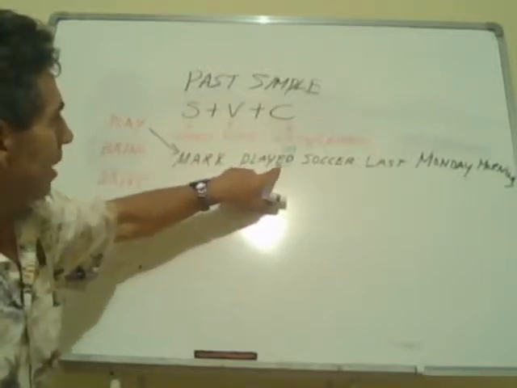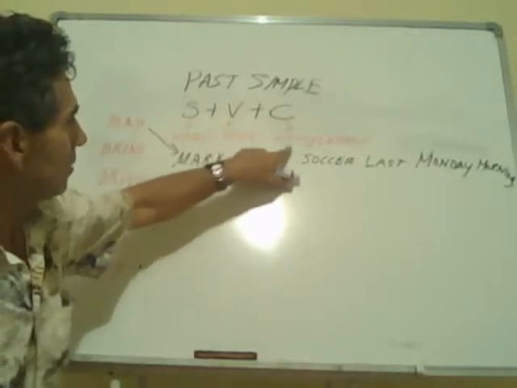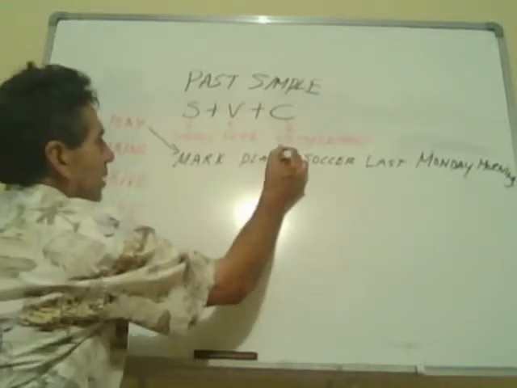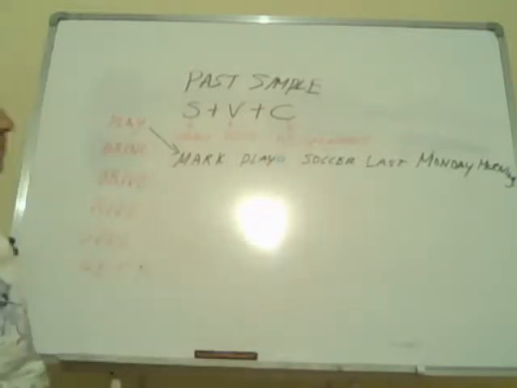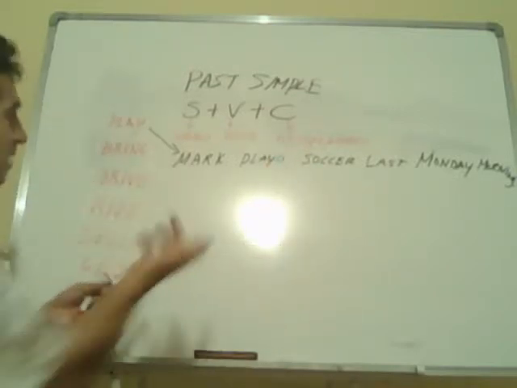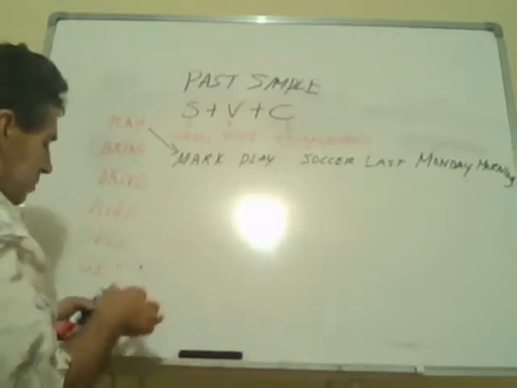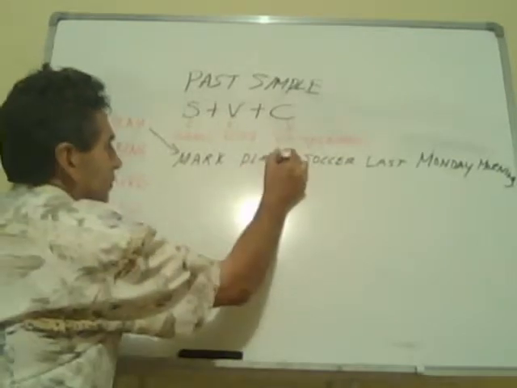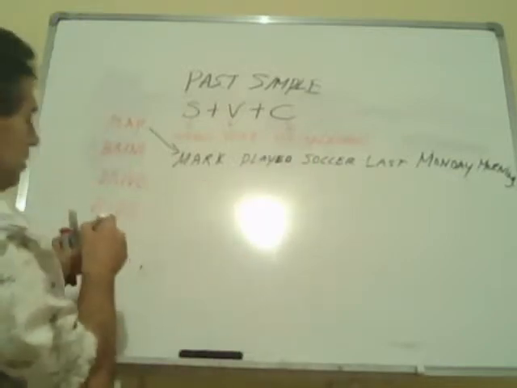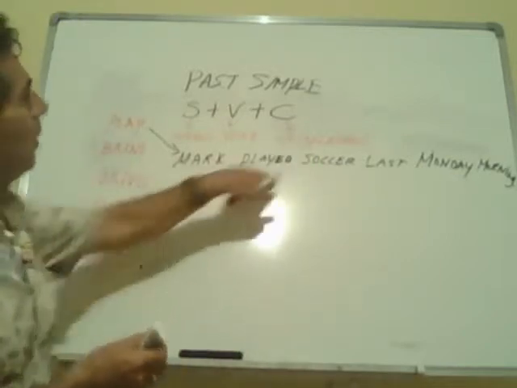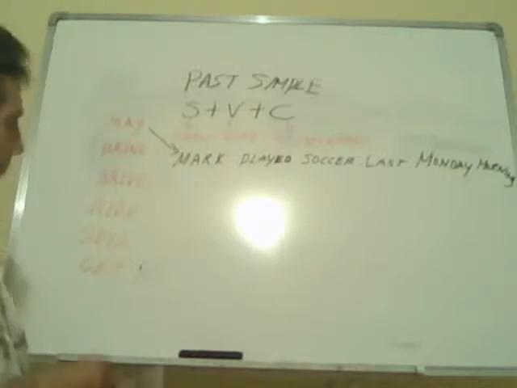You see what I'm saying? I'm going to show you how it sounds, like this. Played, like this. Played, right? But is it correct to have it like that? It's not correct to have it like that. See, but it's played. All right. So Mark played soccer last Monday morning.